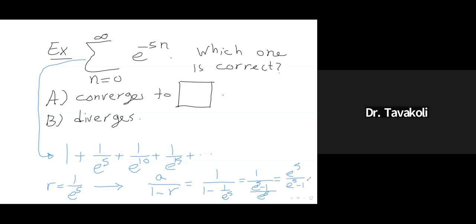Since the question doesn't say that we should round to whatever decimal places, we need to keep the exact value. And as an exact value, this cannot be simplified more. So this is the value that it converges to: e to the 5 over e to the 5 minus 1.